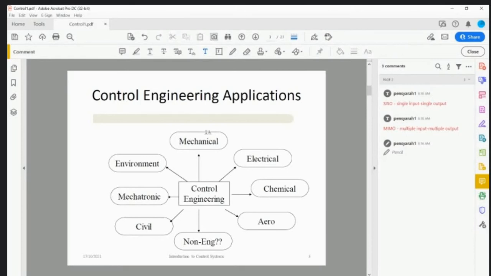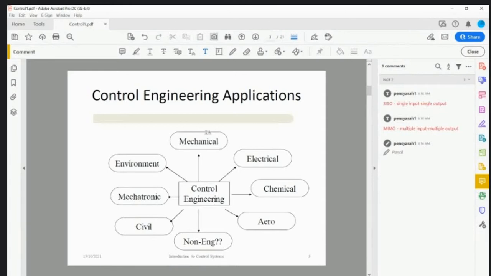I'm not sure about the example of civil application, but an example is vibration control, where we are able to control the vibration on a high-rise building.